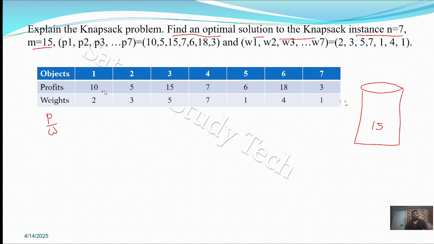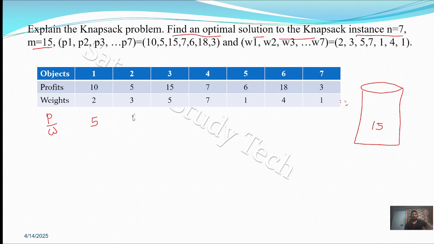Object 1 has profit 10 and weight 2, so 10 by 2 is 5. That means if you consider 1 kg of that object, you get 5 profit points.